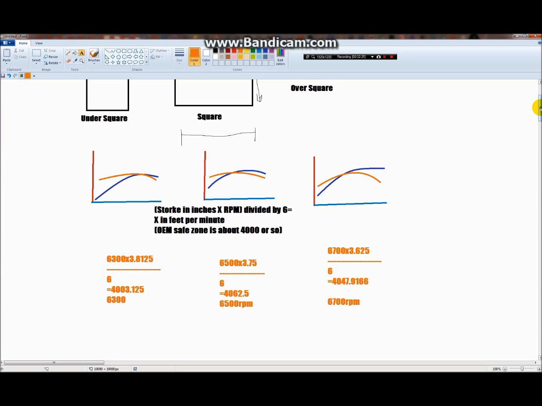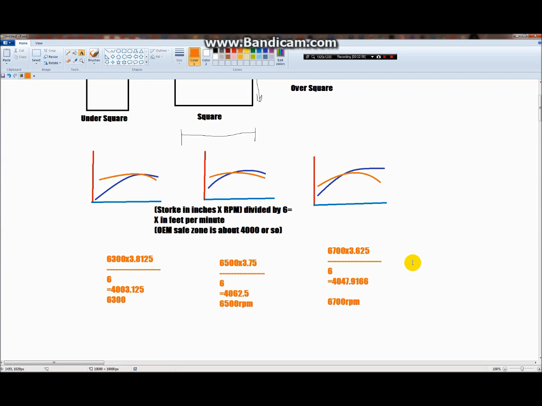In fact, you could probably turn these numbers down that I'm displaying right now just a hair's breadth, and you'd probably be safer. But a reasonable expectation for a 331 Hemi with a stroke of 3.625, for a safe estimate anyways, would be somewhere in the neighborhood of 6,700 RPM.